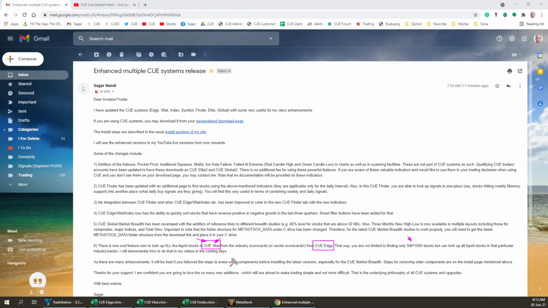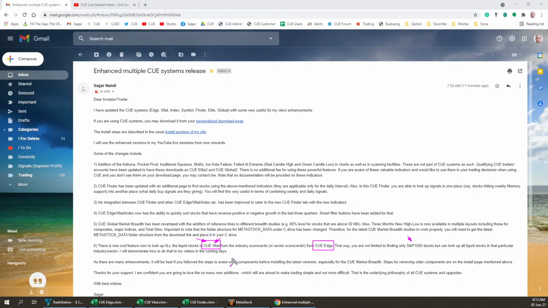So in QVital, one workflow was and is fundamental first. What we used to do, we used to look at all the liquid stocks, let's say liquid, mid price, high price stocks, look at their fundamentals first.